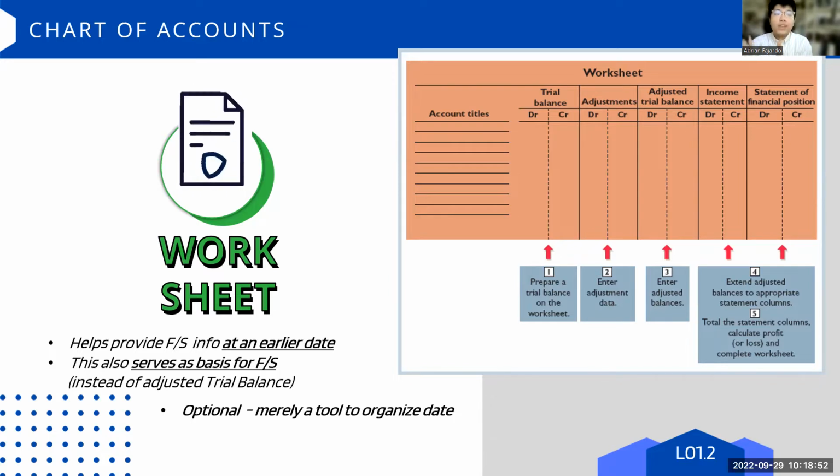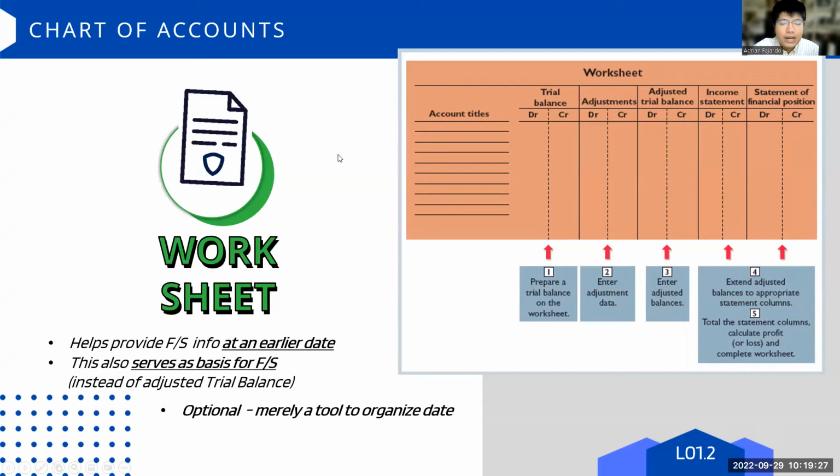So columns 5 and 6 would be allocated for adjusted trial balance. And then the next 4 columns: columns 7 and 8 would be income statement, and then columns 9 and 10 would be statement of financial position. And definitely kindly take note that all of our account titles will be on our leftmost side, and in terms of the account titles, we refer to our chart of accounts, right?